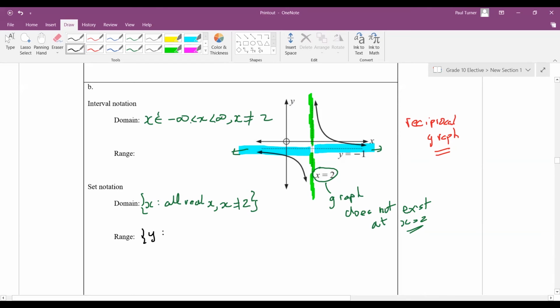All Y values, we have some graph except here, except at Y equals -1. So all real Y except Y is -1. Y cannot equal -1. Like that.